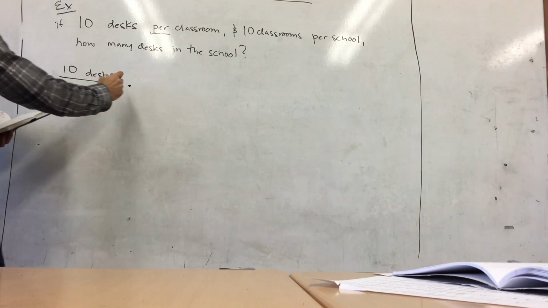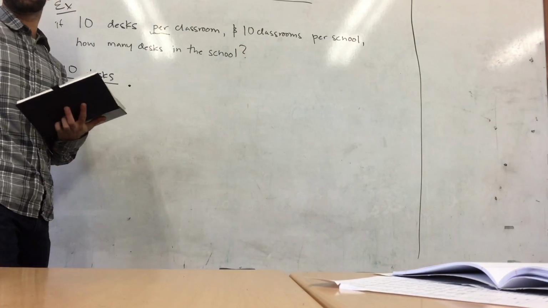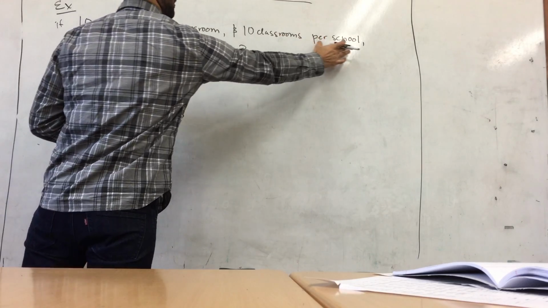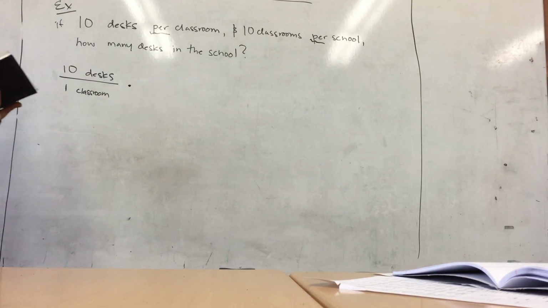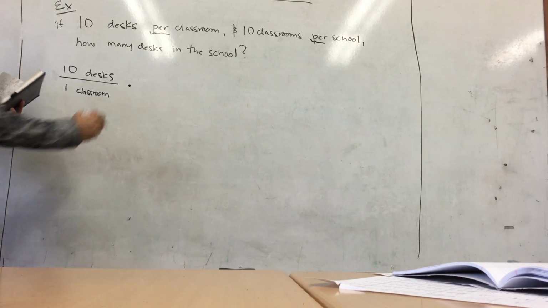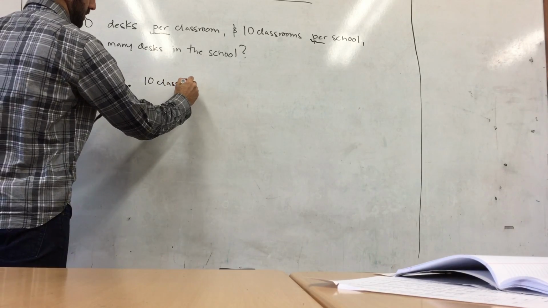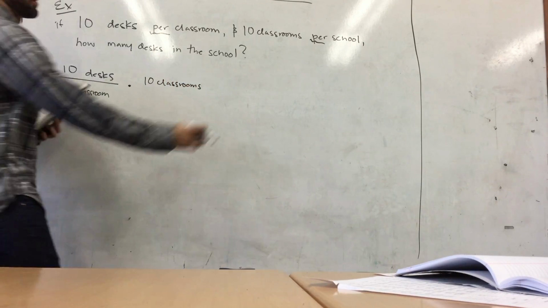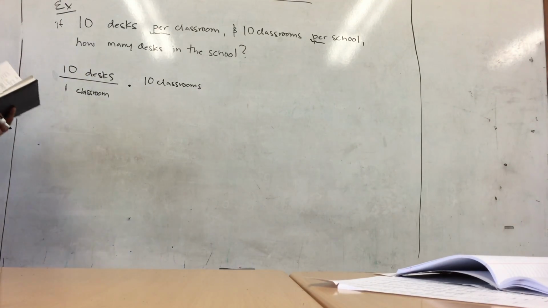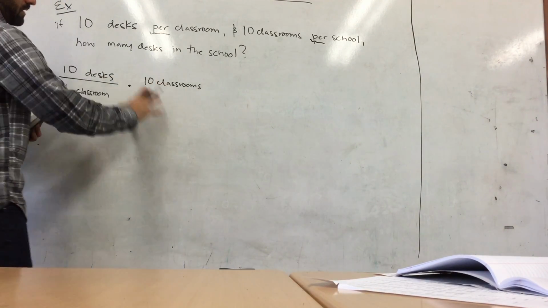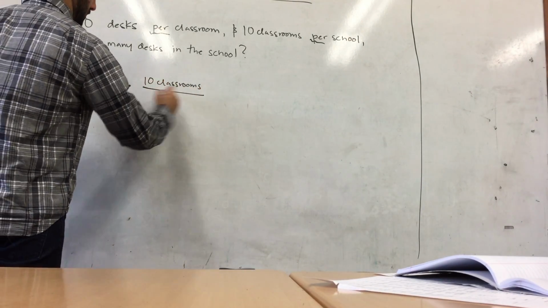Now, how do I express this next one, Bennett? 10 classrooms per school. How many schools are there? One. 1 school. So how do I write that right here? 10 over 1 school. 10 classrooms per 1 school.